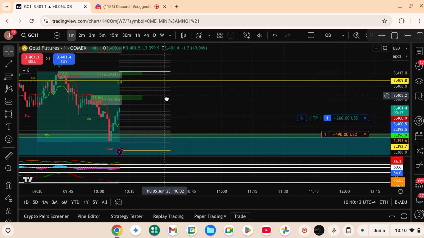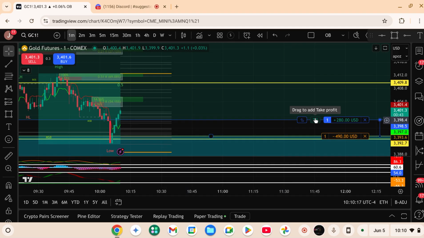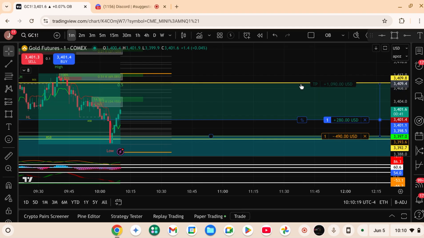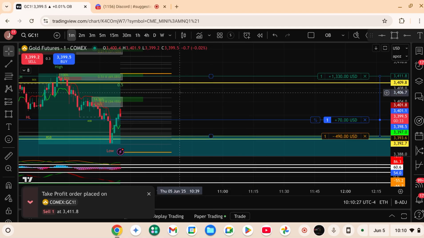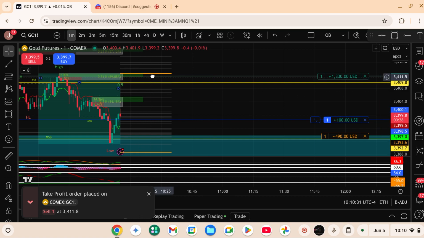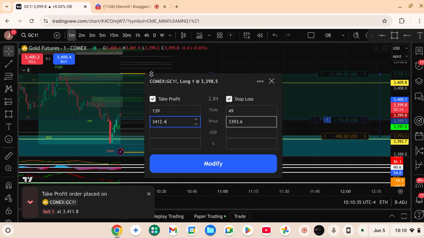So what we're targeting is this high right above this yellow area right here. Right there.